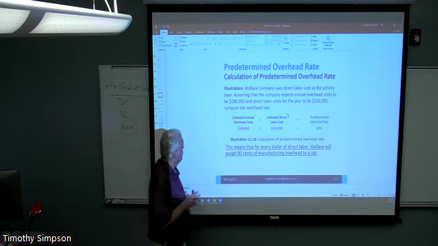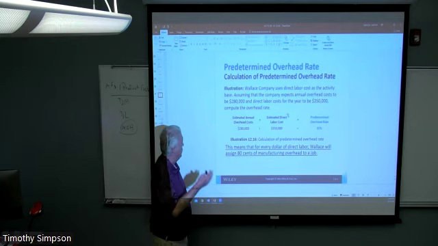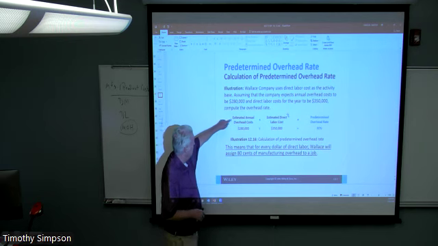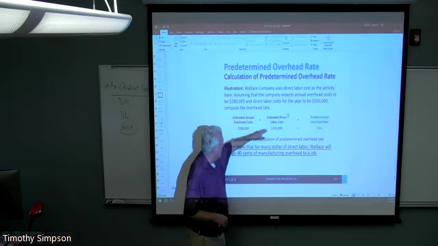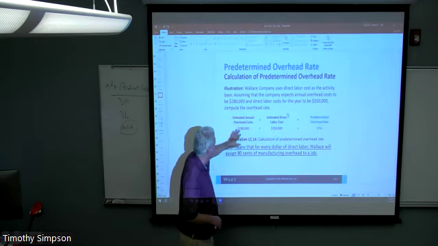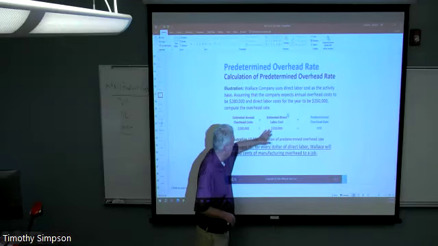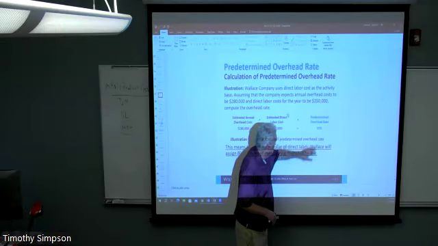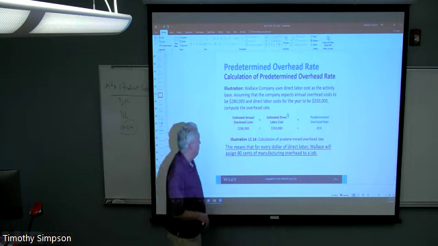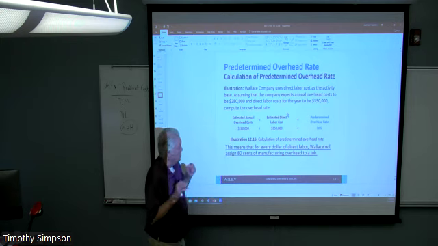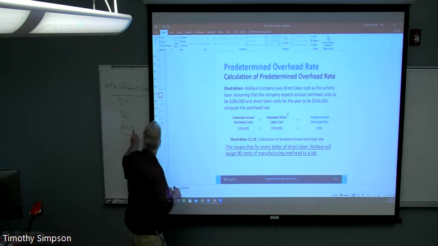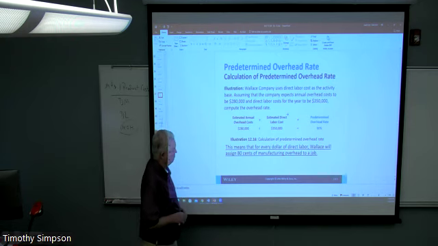And so in this case, they're saying, look, we expect annual overhead cost to be $280,000 based upon what we think is going to happen. It's an estimate divided by what we think the labor costs are going to be. And so we're saying estimated overhead 280, estimated labor cost 350. 80% then is what's applied as the overhead rate. And that's applied to overhead, that is these costs that are inventoriable.